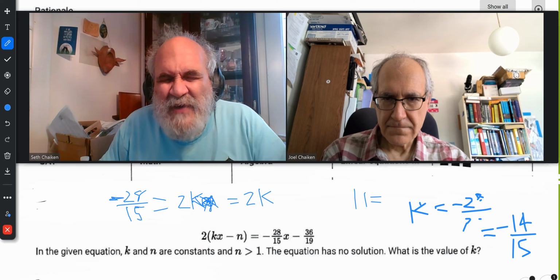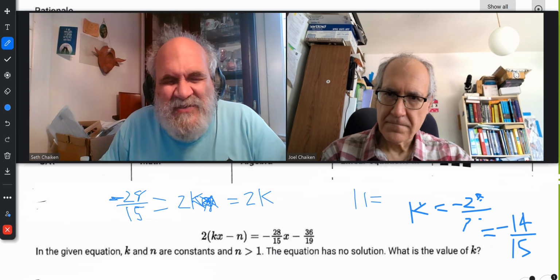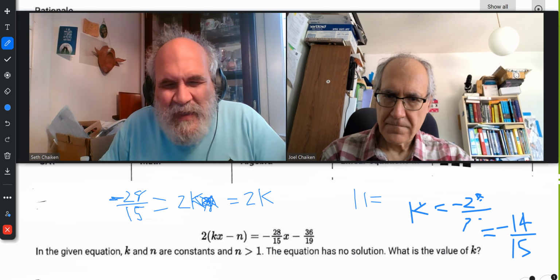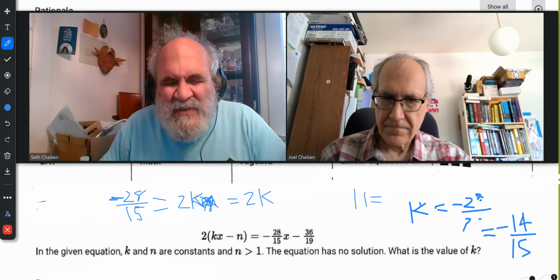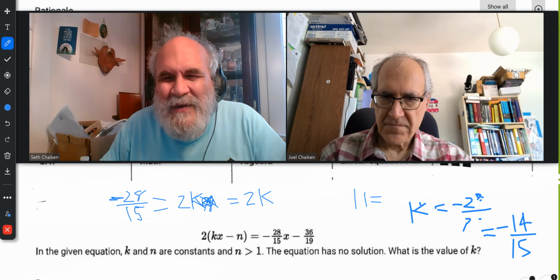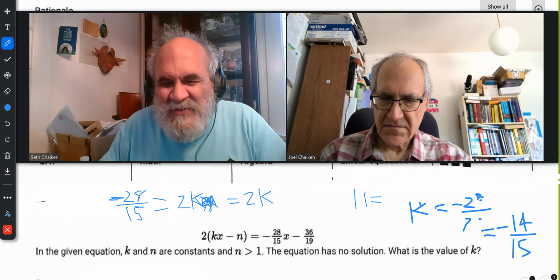When the value of k is picked as you picked it, if n happens to be such that the constants on the left-hand side and the right-hand side are the same, then the equation simplifies to 0 equals 0, which has infinitely many solutions.